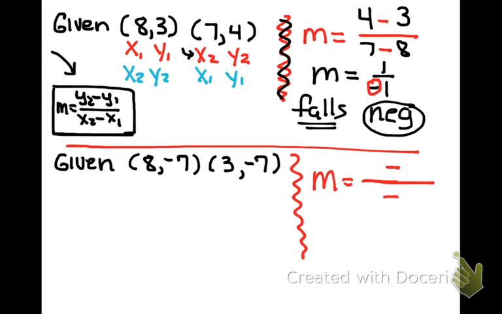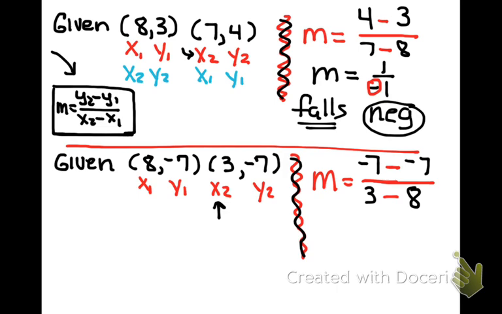Now we have an example with negatives. So the first thing I'm going to do is label x sub 1, y sub 1, x sub 2, y sub 2, and that's going to help me keep everything in order. You can see over to the right of the screen, I have my fraction bar and my minus signs. So then we're going to say negative 7, that's my y sub 2, minus negative 7, and then we go back to our x sub 2 to start with, so we have 3 minus 8.